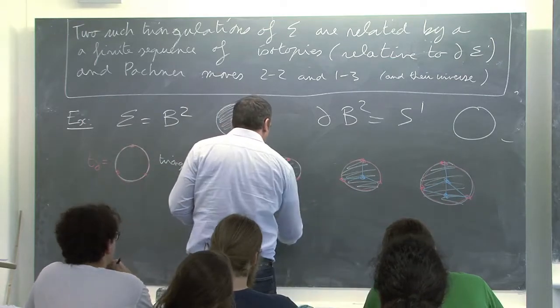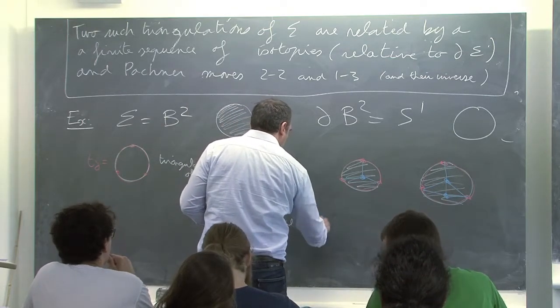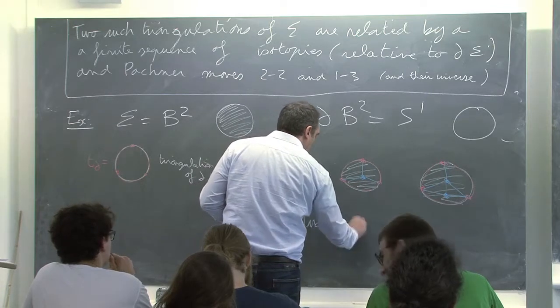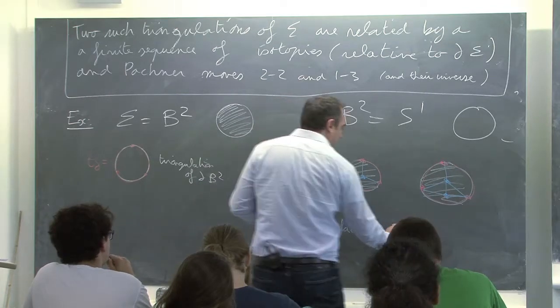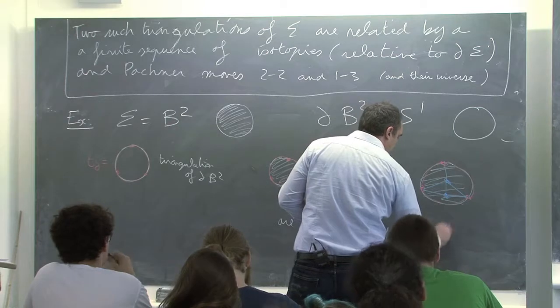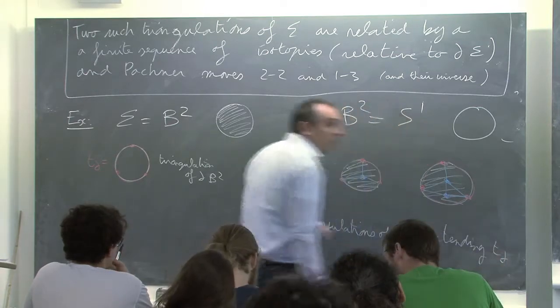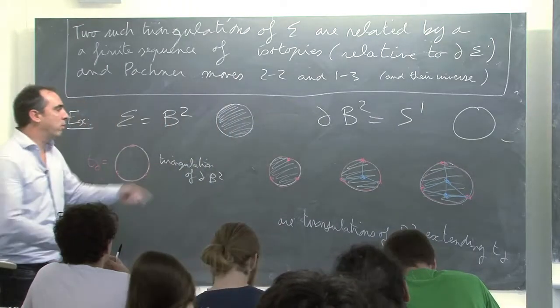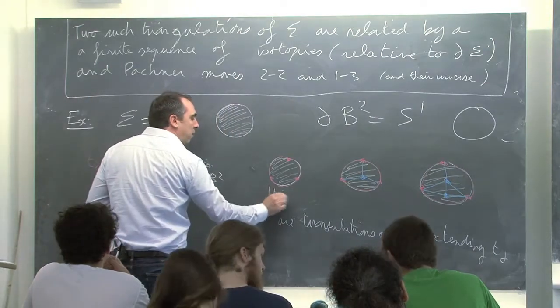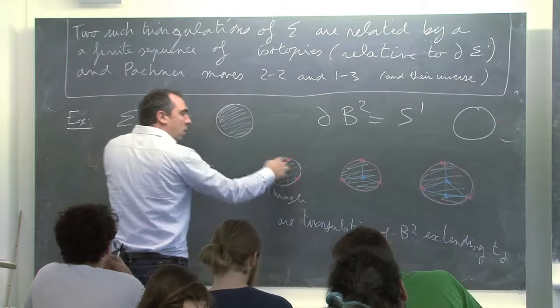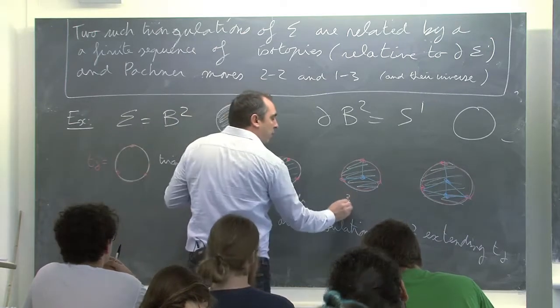So these are triangulations of B2 extending T delta. Here you have one triangle. Here you have 3 triangles.